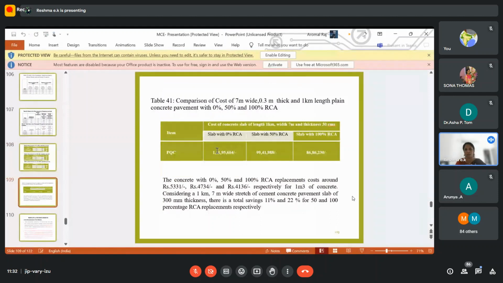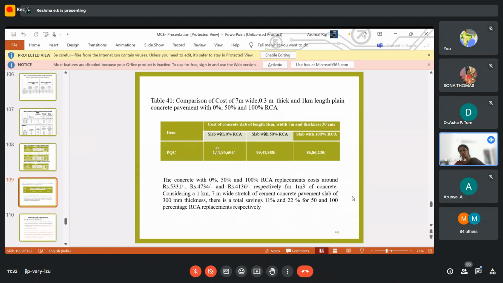See here, comparing, I get only 11% total savings in the case of 50% replacement, and 22% savings when I'm replacing 100%. That is not very advantageous, but if you do some processing techniques, the RCA cost will increase.